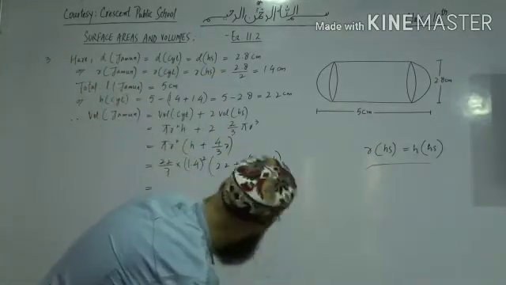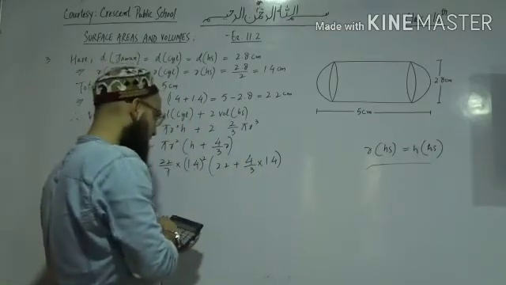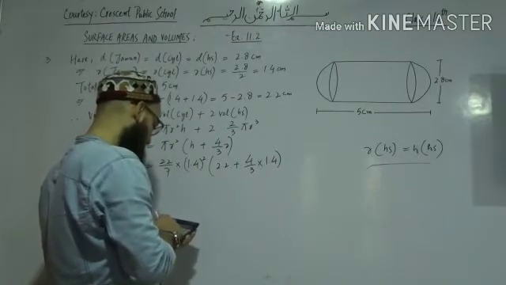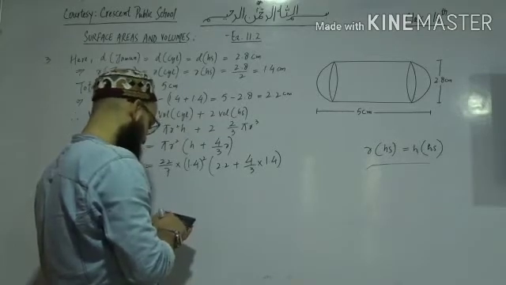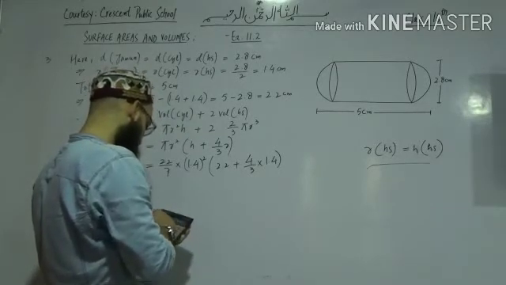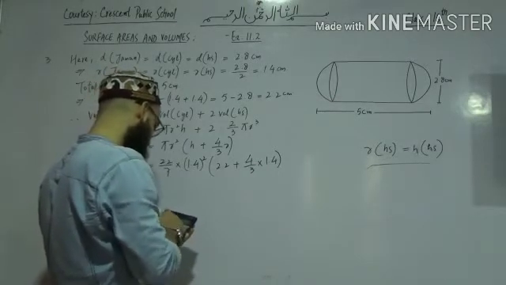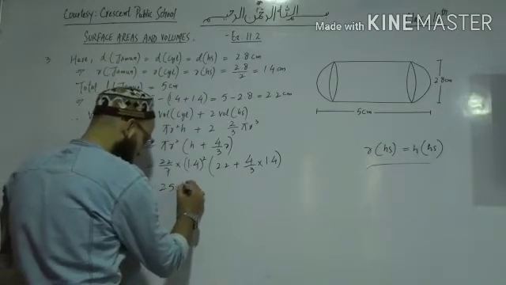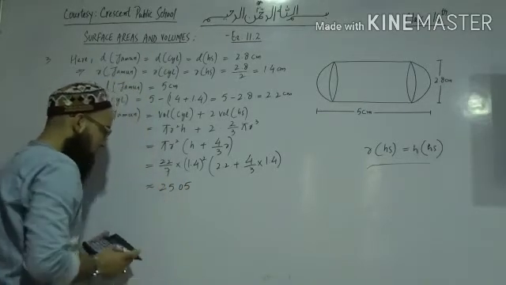Now let us solve this. First of all, 4 times 1.4 is 5.6, then I divide by 3, then add 2.2, times 1.4 times 1.4 times 22 divided by 7. You get 25.05, of the order of 25.05.